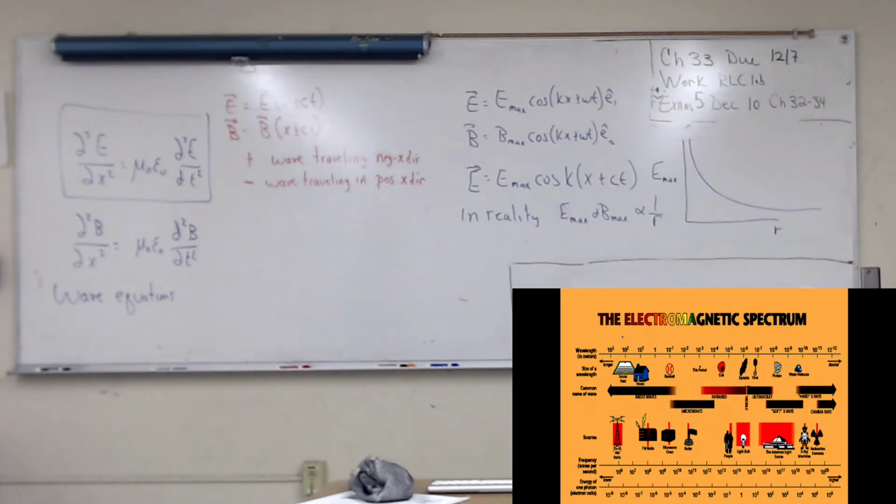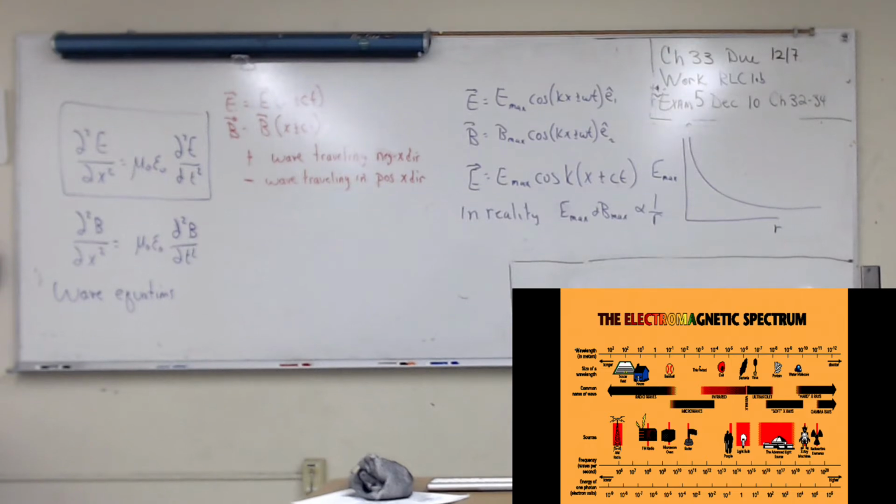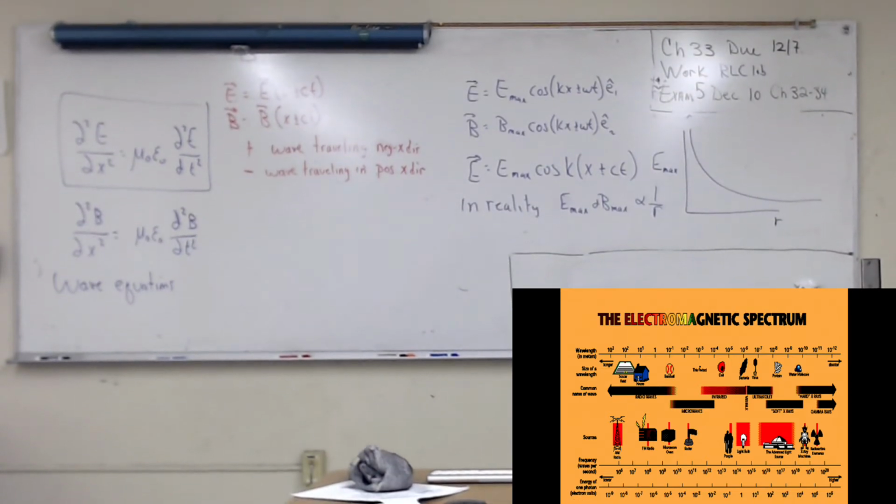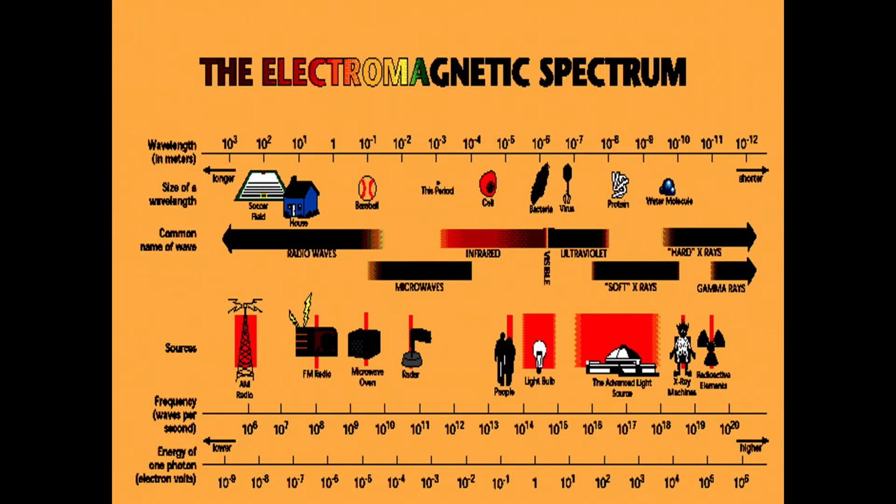So what are these waves? What are some of their properties? Well, these waves come in all kinds of different frequencies, from very low frequencies to very high frequencies, from very long wavelengths to very short wavelengths.